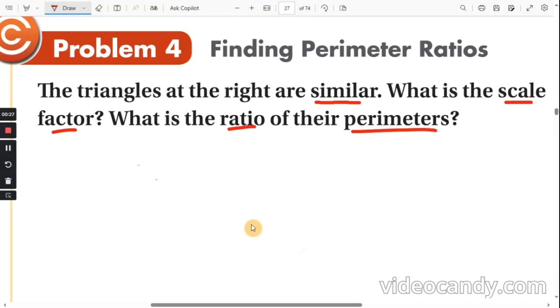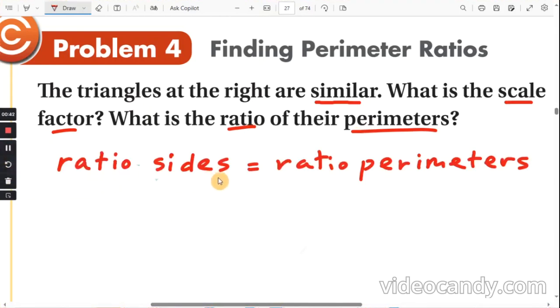I can tell you right now, those are both going to be the same thing. We learned at the very beginning, the scale factor is the ratio of the sides, and that equals the ratio of the perimeters. So whatever number we get for the scale factor, it's going to be the same answer for the perimeters.